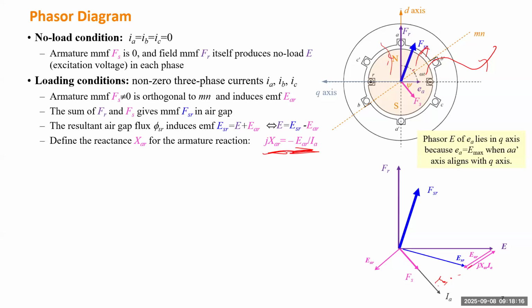But if there's some leakage flux, that leakage flux can be modeled by some inductance. We call it the leakage inductance, or in our circuit, a leakage reactance. And also the stator winding may have some resistance, so that will also cause some voltage drop.